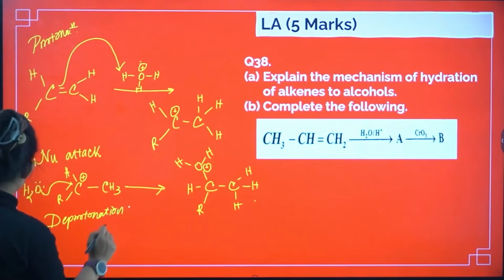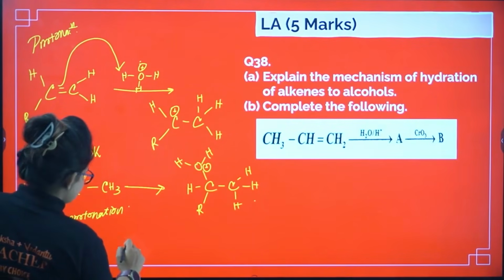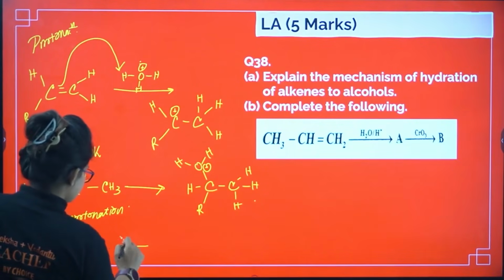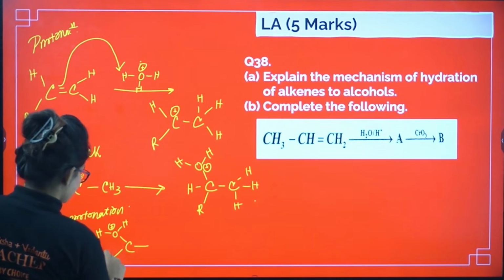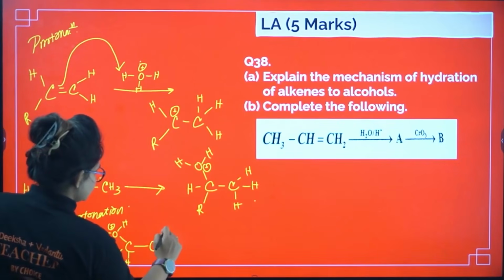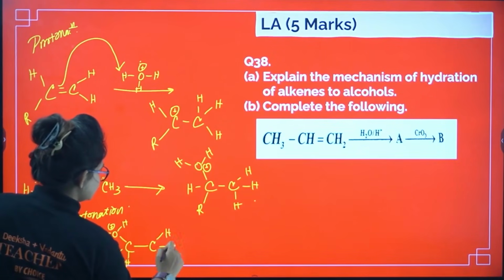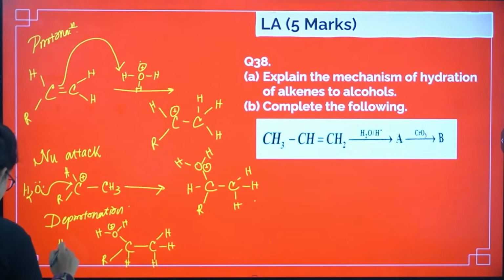If you do deprotonation, then what will happen? Just let me write it down again. Here I am having OH2 plus, right? Here R group, here hydrogen, right? Carbon with 3 hydrogen. Now I am having water molecules in my media.